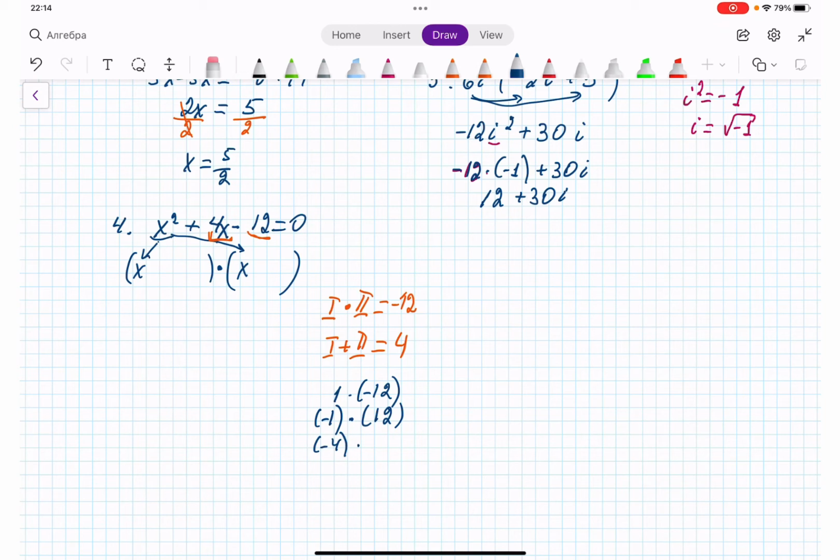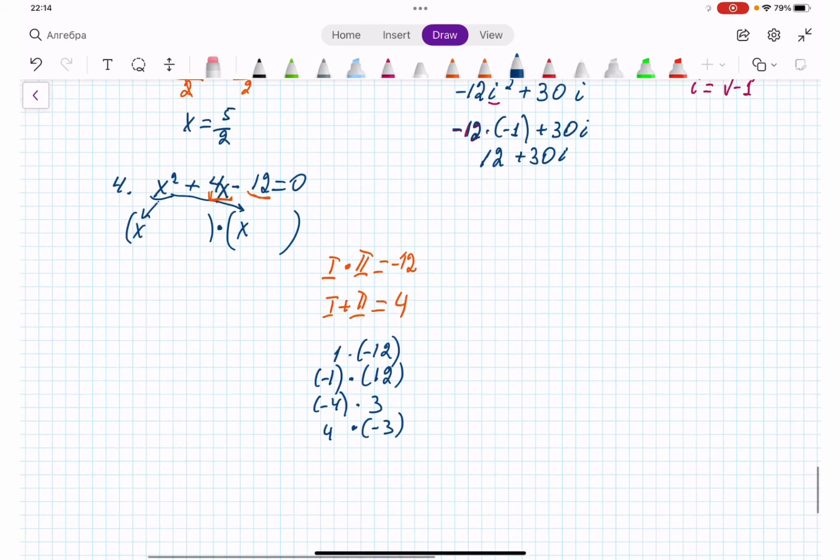Negative 4 times 3, or 4 times negative 3, because we have a negative product. That means one of these terms has to be negative. What else do we have here? 6 and negative 2, and negative 6 times 2.